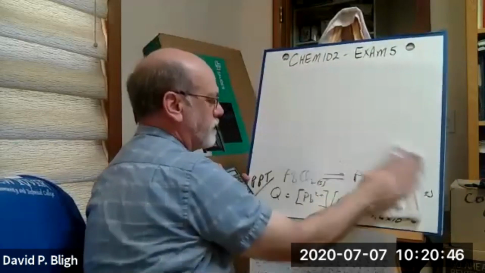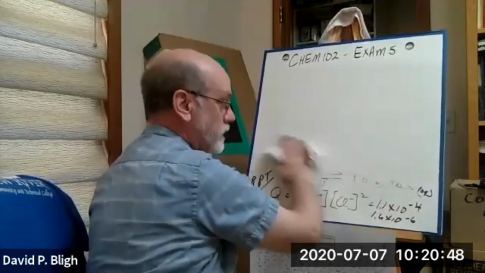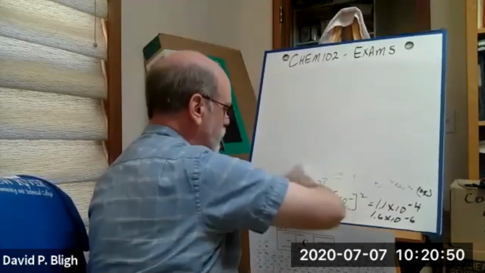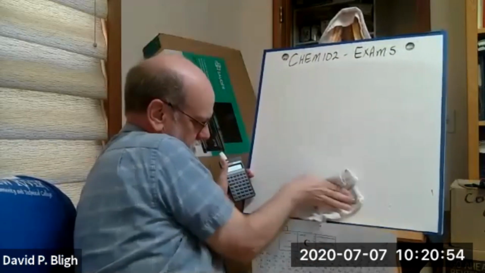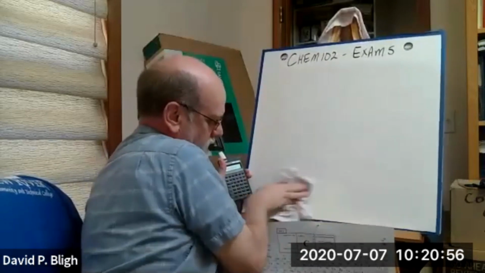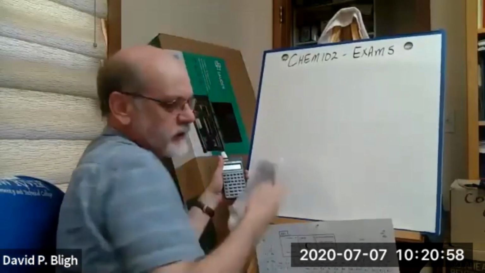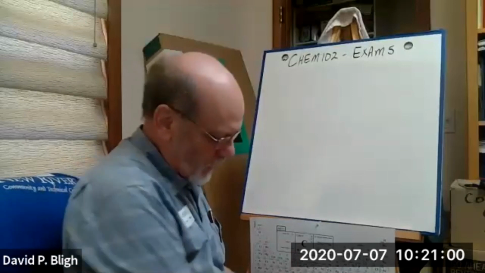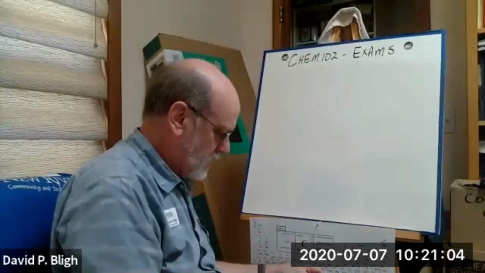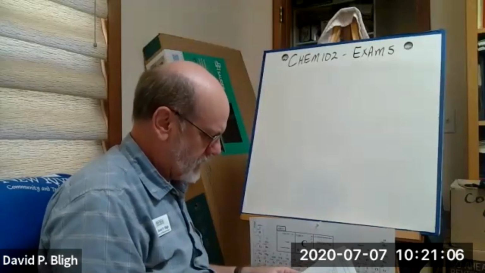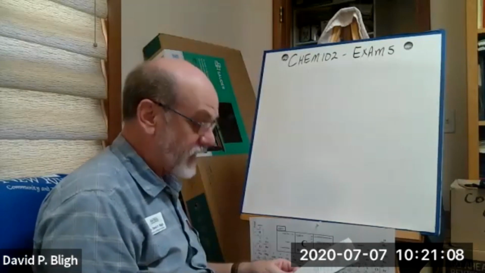We've done common ions. We've looked at Q values and seen how the Q tells you whether you'll get a precipitate or not. So 21 is another one of that type of problem.